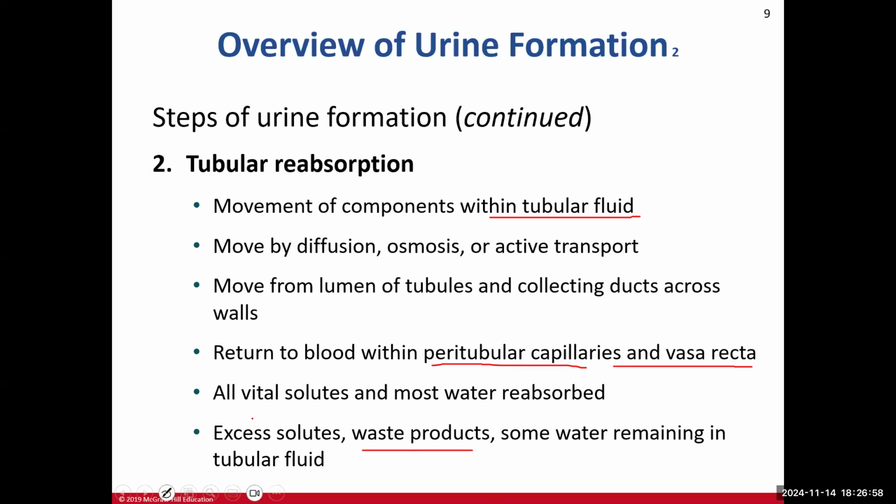So when you have excess solutes, depending on what it is, that's going to stimulate the direction of where these solutes are going to go. If you have excess solutes, you're going to dump it into urine, you're going to pee it out. If you have a shortage of solutes, if you're calcium deficient in your blood, for example, hypocalcemic, what's the other hormone that's going to be activated? Yeah, PTH, parathyroid hormone.